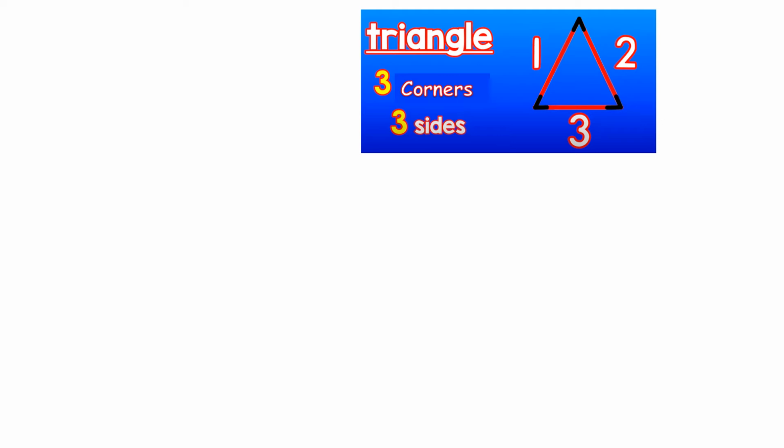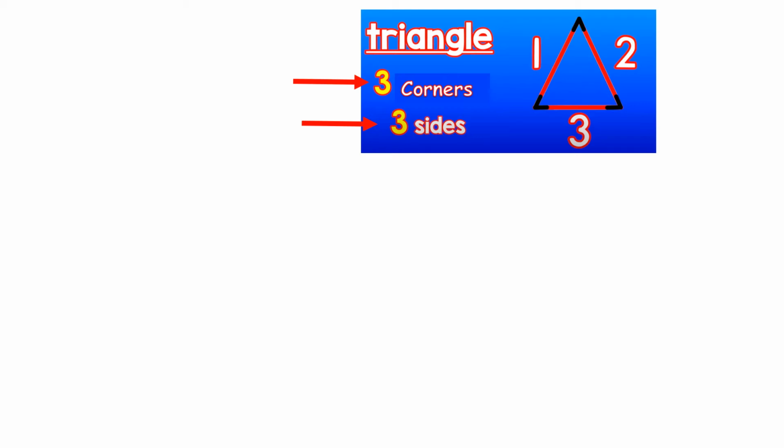Can we count how many corners are there in a triangle? 1, 2, 3. Yes, triangle has 3 corners. And how many sides are there? Can we count the sides, children? 1, 2, 3. Yes, very good, children. Good job. It has 3 corners and 3 sides.